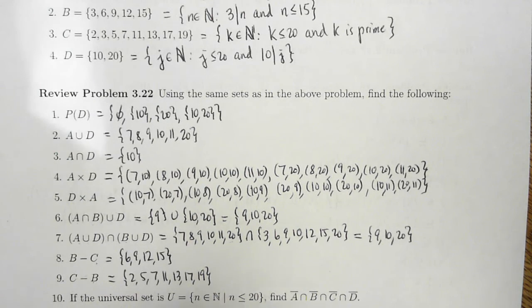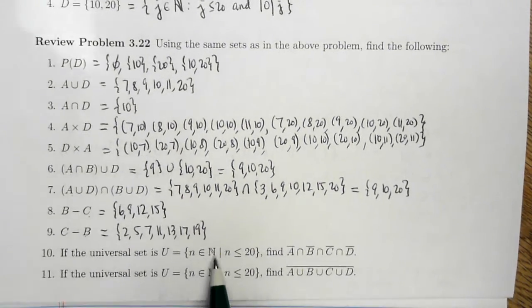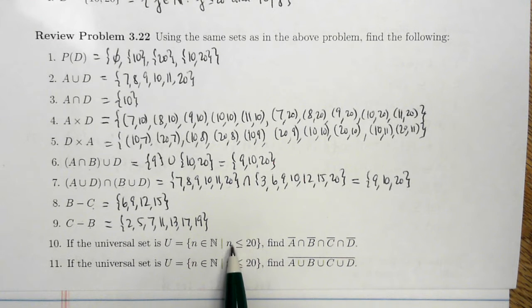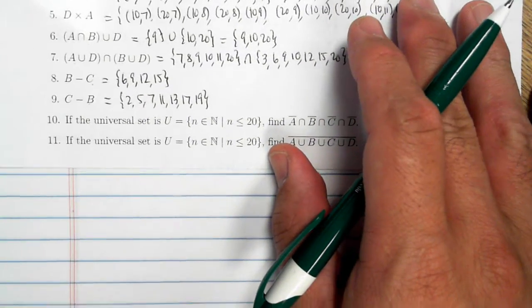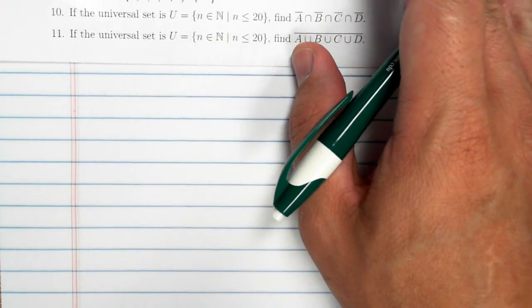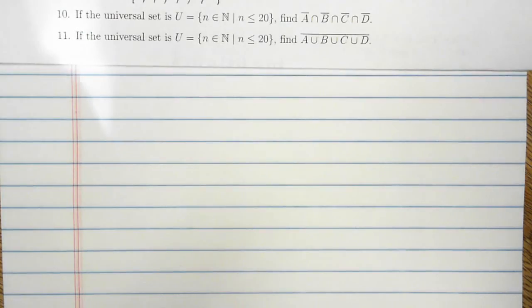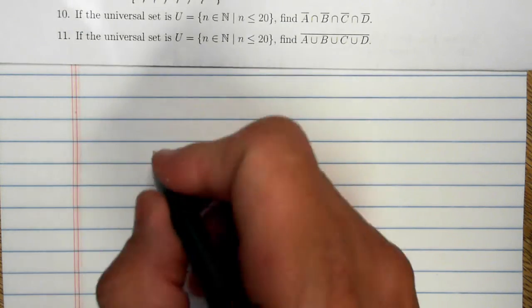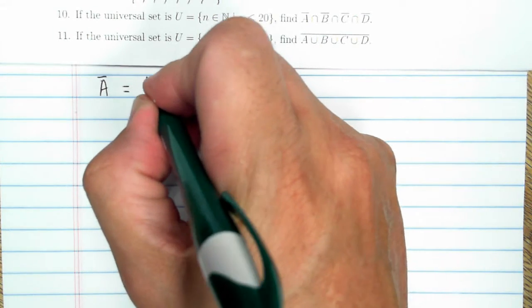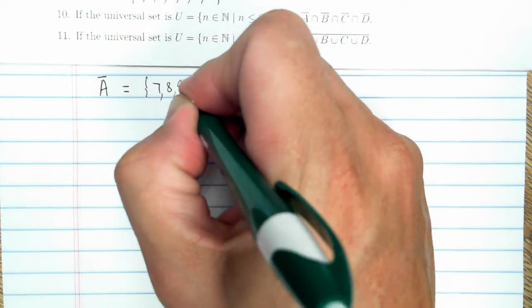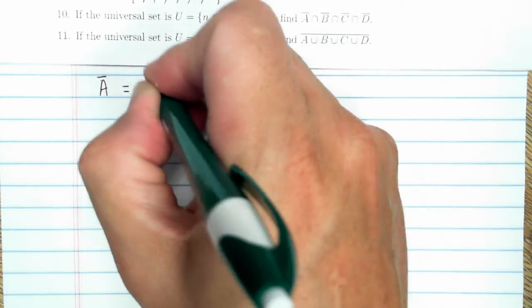Okay, number 10. If the universal set is all the positive integers 1 through 20, find A complement, intersect B complement, intersect C complement, intersect D complement. This one's going to take a little bit of work, so let me do it down here. A complement: the original set was 7, 8, 9, 10, 11.